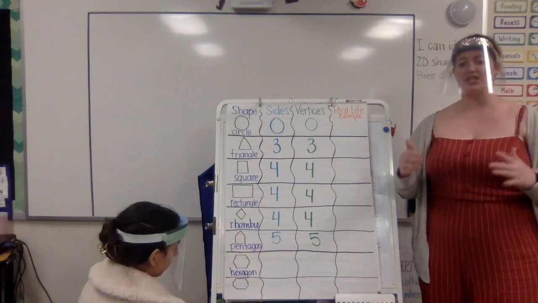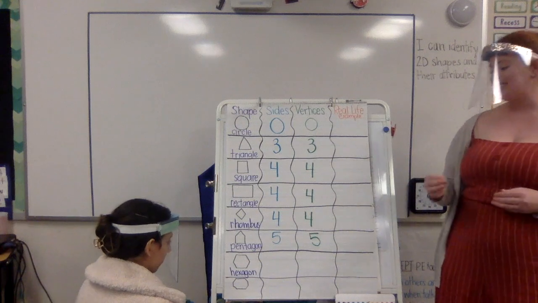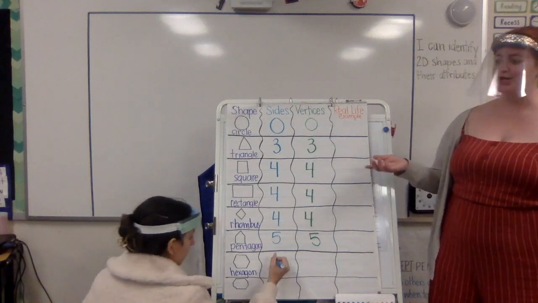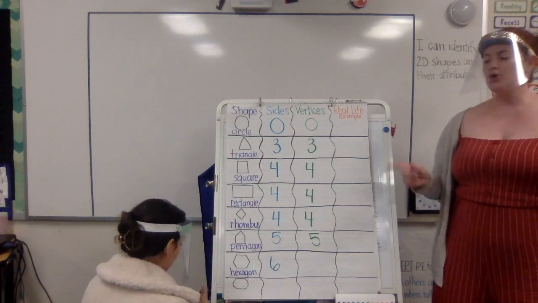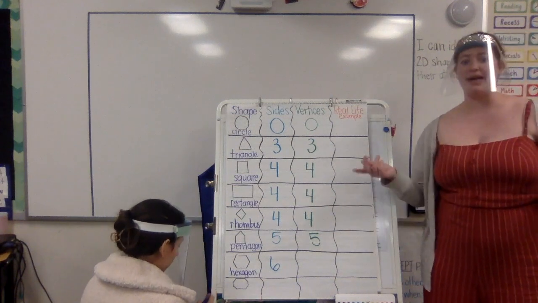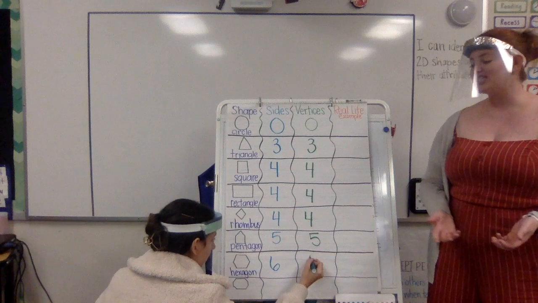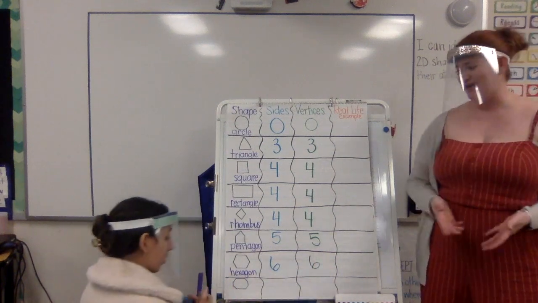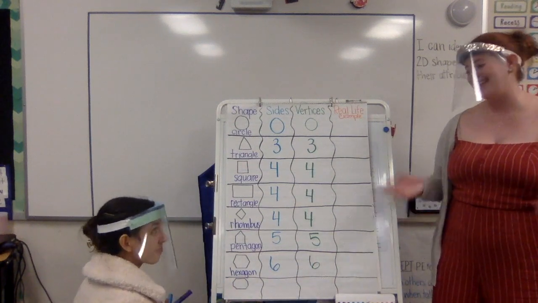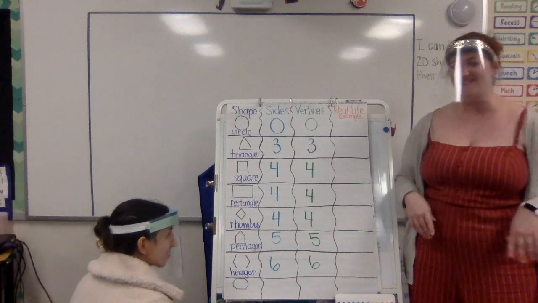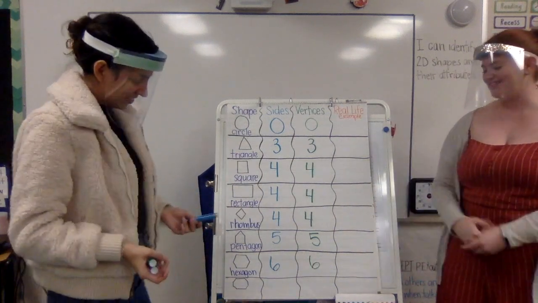So a hexagon tells me it has 6 sides, which means it also has 6 vertices. There we go. Ooh, just like the pentagon kind of reminded me of a house in real life, a hexagon looks just like honeycomb, Miss Lestico. You know, where bees make their honey and store all their stuff? That's right. That's just what a hexagon looks like.